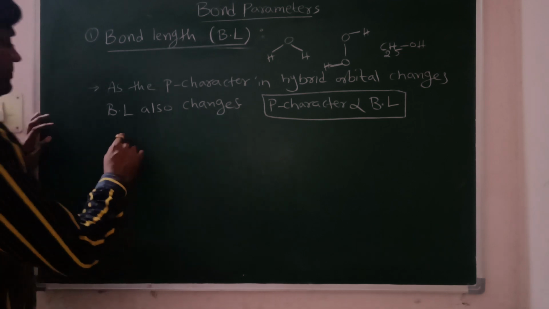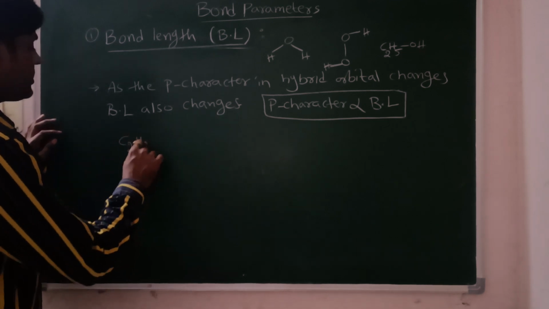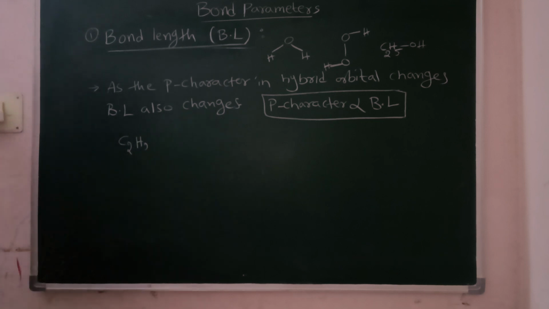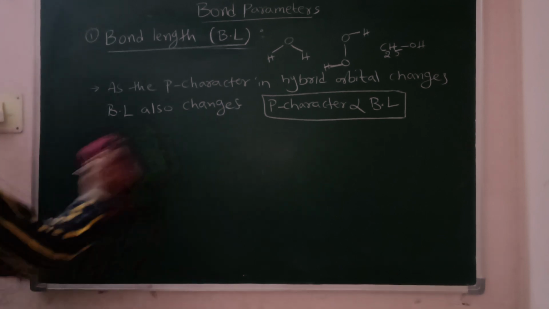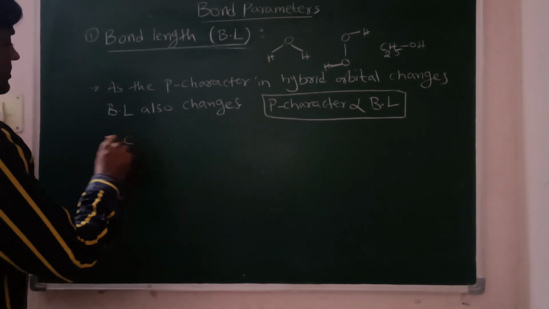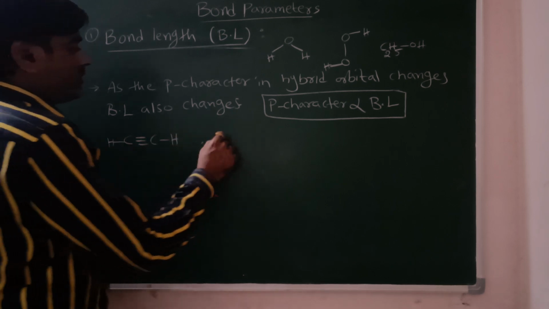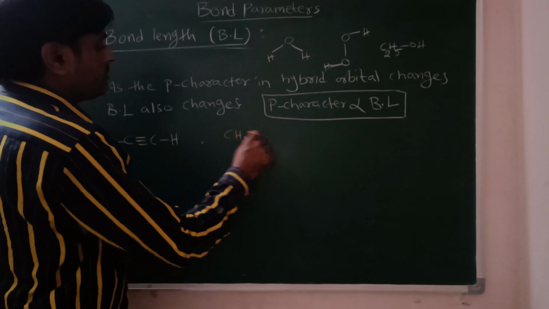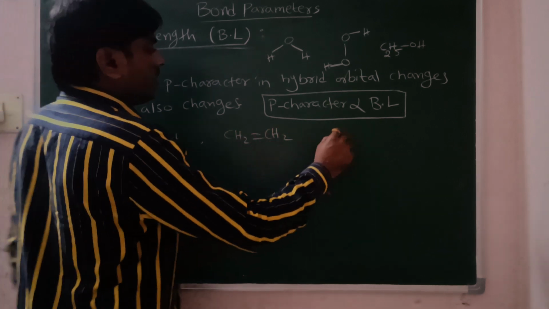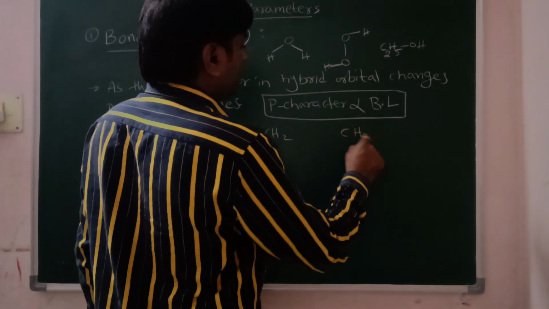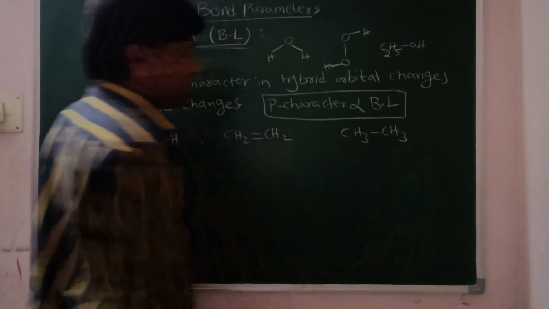See the example, C2H2. So, to make this clear, I am writing the structures: acetylene, CH triple bond CH; next ethylene, CH2 double bond CH2; next ethane, CH3 single bond CH3.